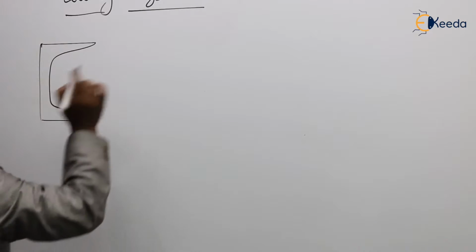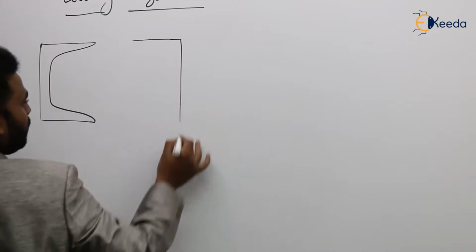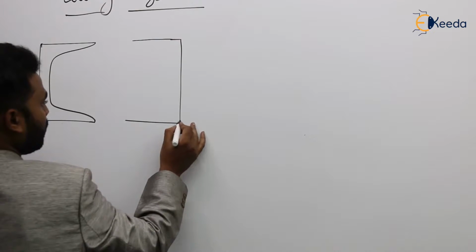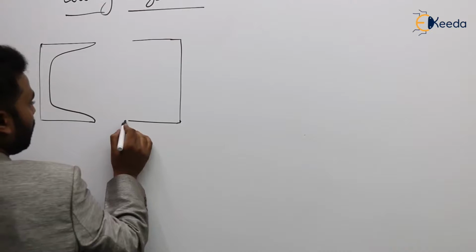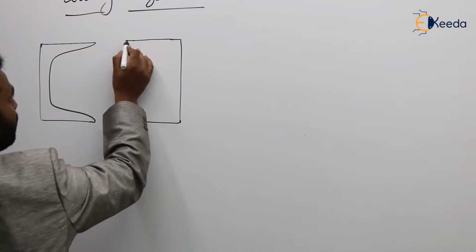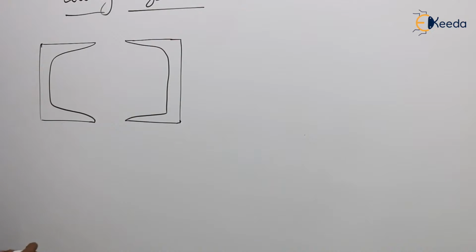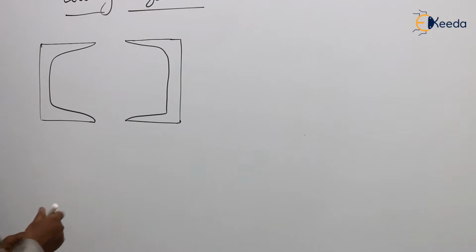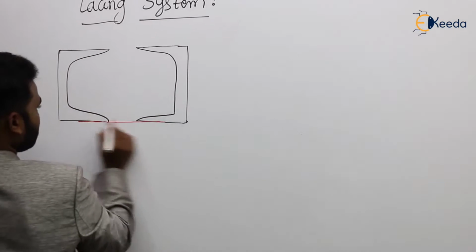So this is one channel. This is one more channel. So here we have to connect these two channels. Now we are going to connect these two channels by using a member called flats.